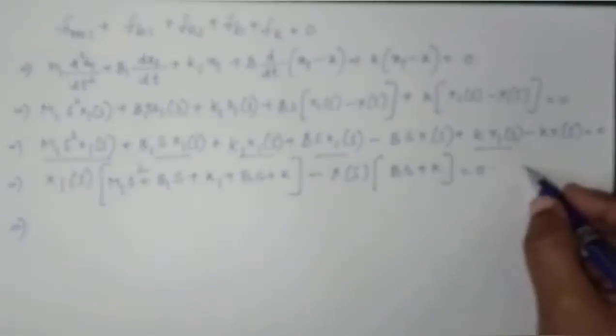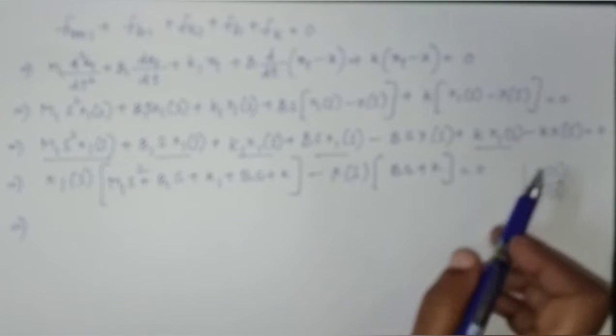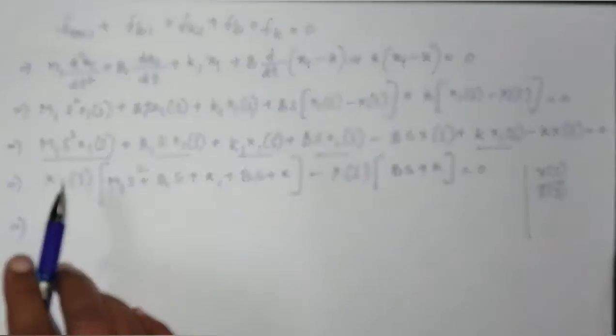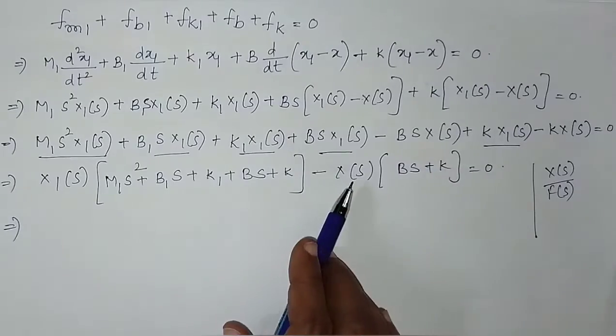Now the final frame we are supposed to get is in terms of x of s, so we write x1 of s in terms of x of s.